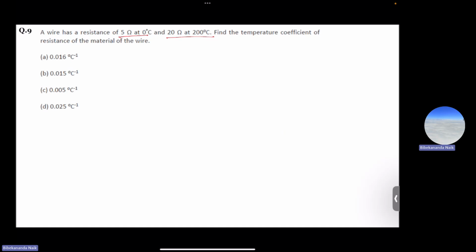So let's discuss. We have already discussed that the formula for resistance at a temperature T is given by RT equals R0 (1 plus alpha T).